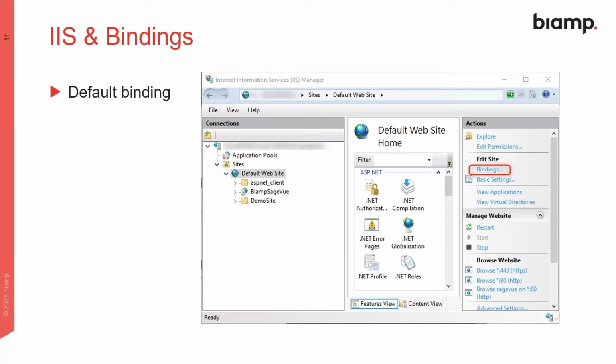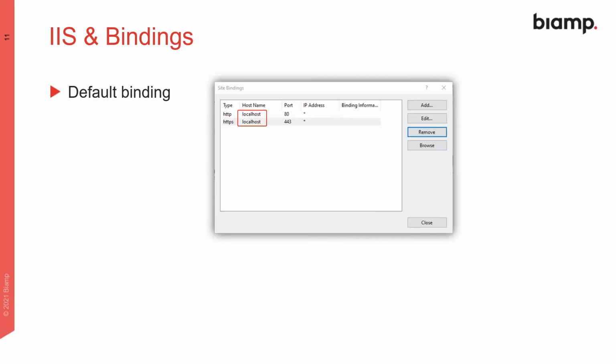When SageVue is installed, these bindings are made internally in IIS, and these bindings are essentially rules that help IIS know, when requests come in, what web page needs to be served up. When SageVue is installed, we install two bindings for HTTP and HTTPS, both related to localhost. So again, right off the bat, you can access it from the browser on that same machine SageVue is running via that localhost URL.